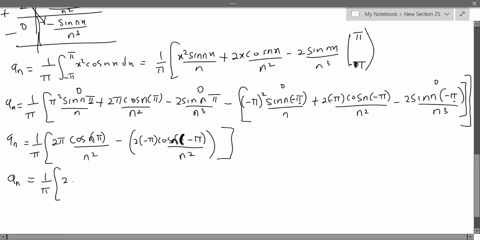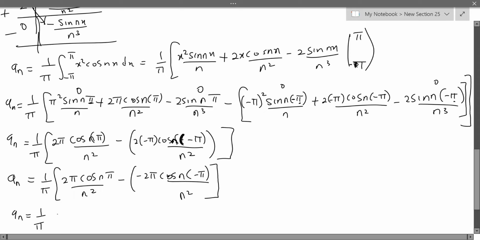We have 2 pi cos n pi over n squared minus, this will give you minus 2 pi cos n minus pi over n squared. So this will give you plus 2 pi cos n minus pi. Sorry, there is a minus here.